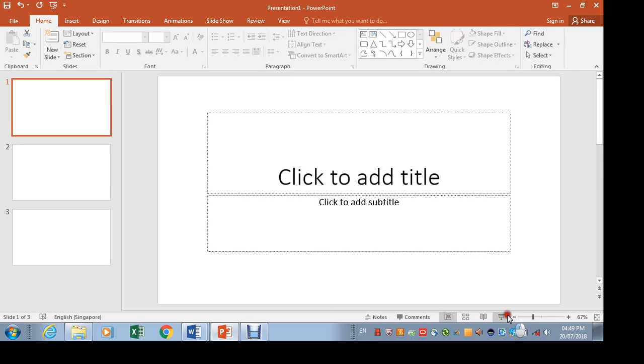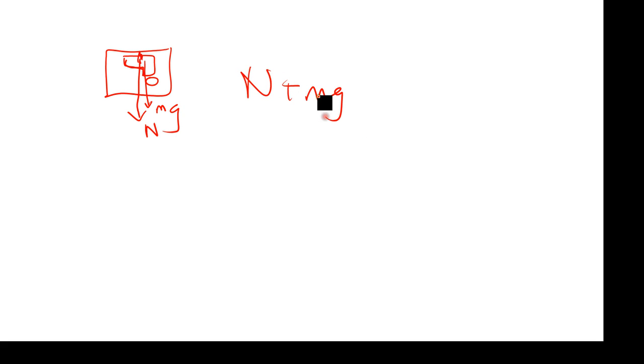So at position C, what acts on the man? This is the man, the head. There will be N, the normal contact force from there, and you also have mg, the weight of the man. N plus mg must provide the centripetal force, which in this case is mr omega squared, which you already calculated to be 1180.